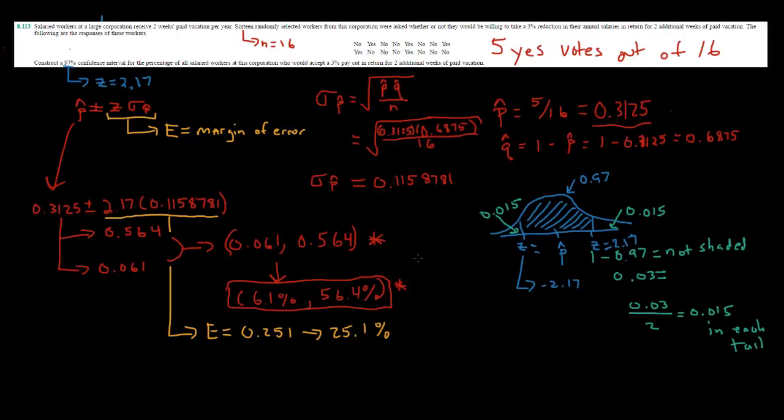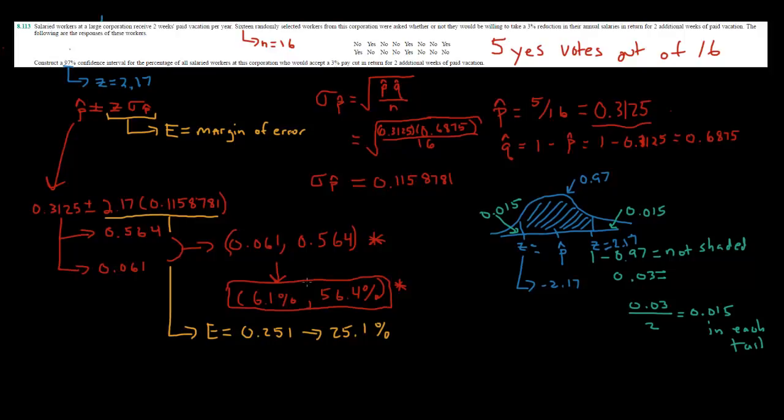Now, I think that's a huge margin of error, and I want to pose and then answer another question. Let's say that I'm the one doing this research, and I thought I could get away with taking a sample of 16 folks because I want extra vacation and I'm one of the yes votes. Let's say I would gladly take a 3% pay cut to get 2 weeks extra vacation. Again, I'm making this up. I like working, so I'd probably be a no vote in general.